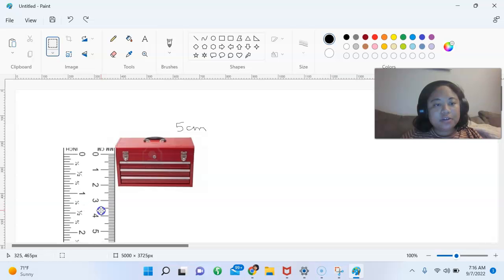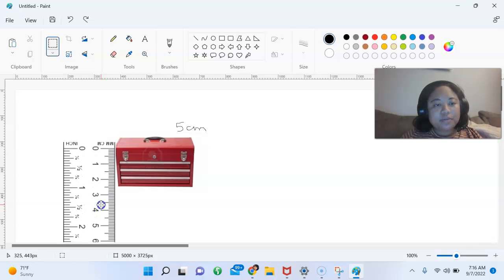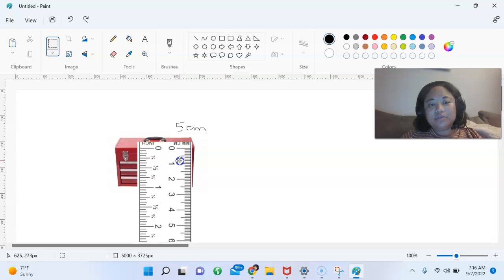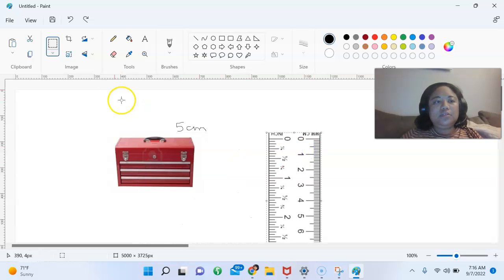So I'm going to measure this part. It looks like it's about 2.5 centimeters. So you see, starts at 0, ends at around 2.5. So it looks like these sides are about 2.5 centimeters.